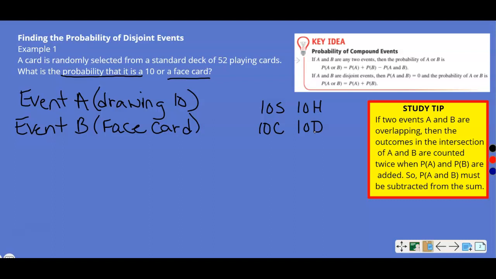All right, let's look at face cards. So we have jacks, queens, and kings. And we have 4 suits of each of those too. So let's say we have a jack of spades and a jack of hearts and a jack of clubs and a jack of diamonds.